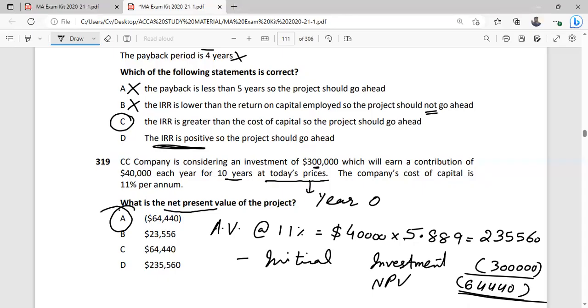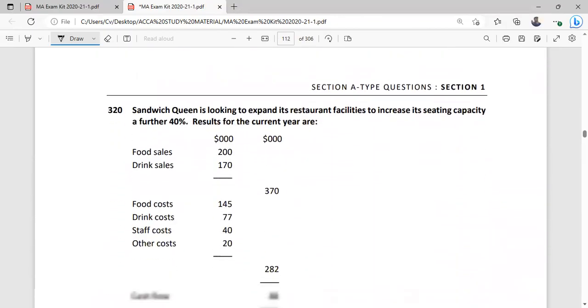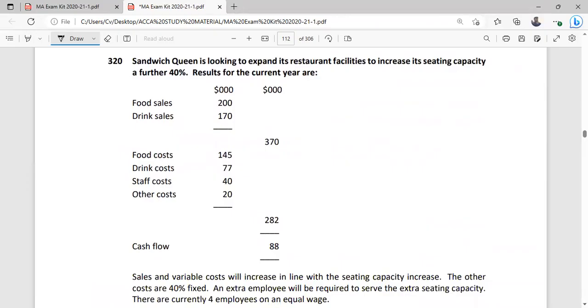Reading 10 years over here, hitting trial and error, divided by 10, and the figure is 23,556. Suppose he thinks that yes, this one is the correct answer, but the correct answer is A. So please read questions carefully, solve carefully, use signs quite carefully, because your slight mistake can lead you to an incorrect answer even if you are aware of the concept.